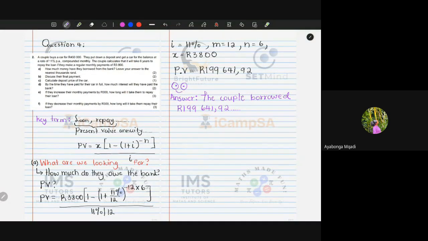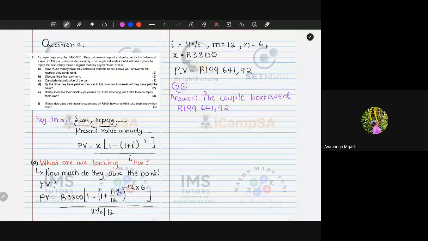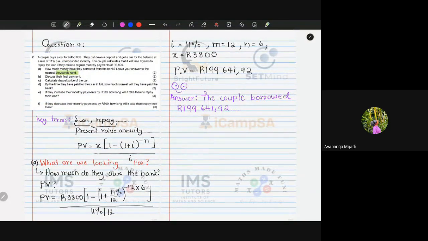Right. I see that. And then they said we should round it to the nearest 1,000 rand. So we should read the instructions, very important. They said round it to the nearest 1,000 rand. So it means what we are going to do is round it up because they said round to the nearest 1,000.